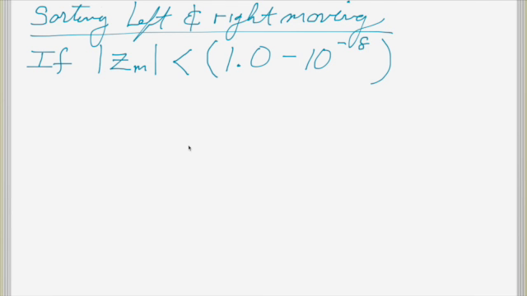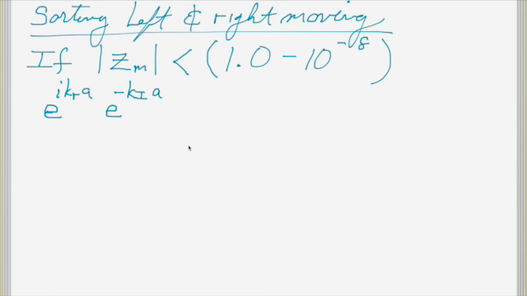If it's less than 1, what does that mean? If you break k up into a real and imaginary part, you've got e to the i k real a, and the magnitude of that is 1. And the imaginary part is e to the negative k imaginary a, right?